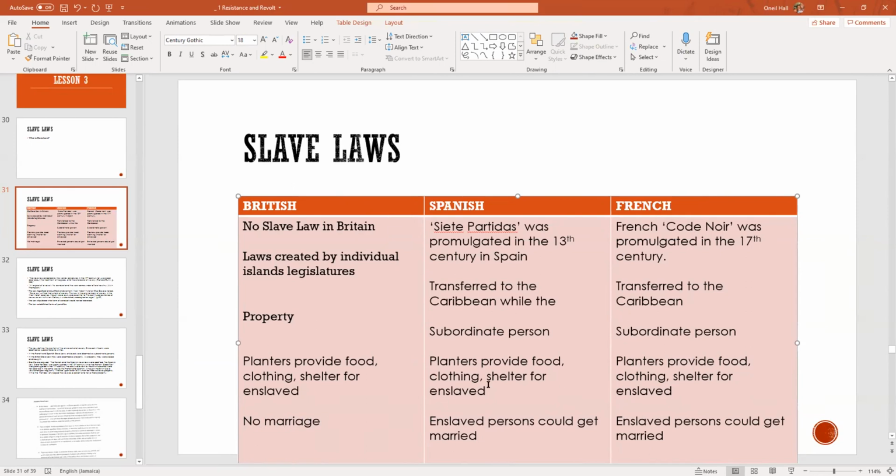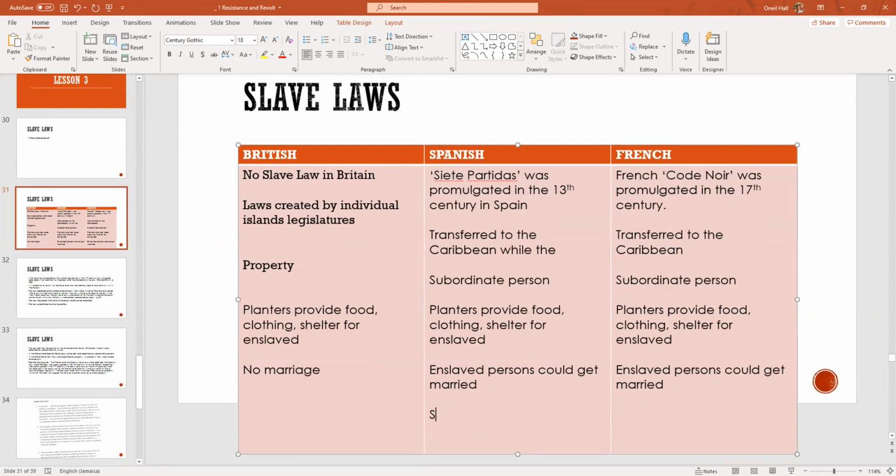Another one was that they could purchase their freedom under the Spanish slave law. The statute says you could purchase your freedom without the master's consent. Was that the case for the Spanish? Well, that is the Spanish one.